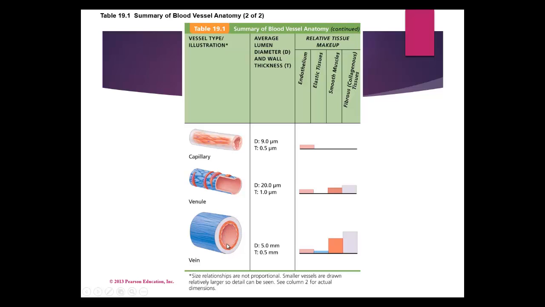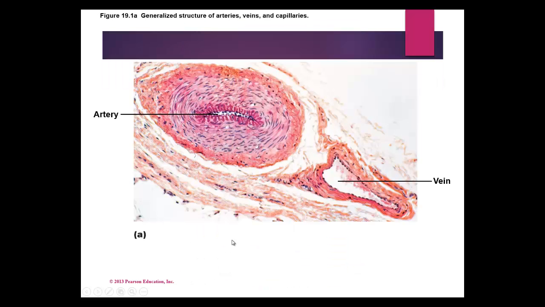A little bit more in the veins, but again, very large lumen and ability to store blood. So if we look at a tissue slide of an artery and a vein, which you would see in lab, you can see this thick, muscular, smooth muscle wall here, and you compare that to the vein, much thinner. But look at the lumen. You can see there's not much space here, and there's a lot of space here. So we'll stop here and continue with our discussion of the vessels in the next video.